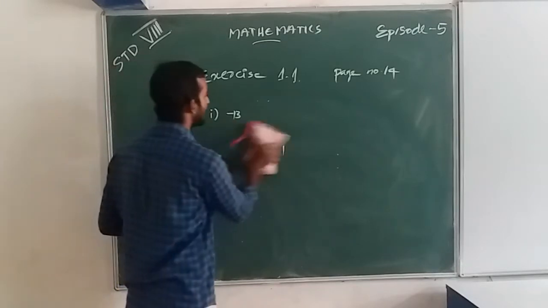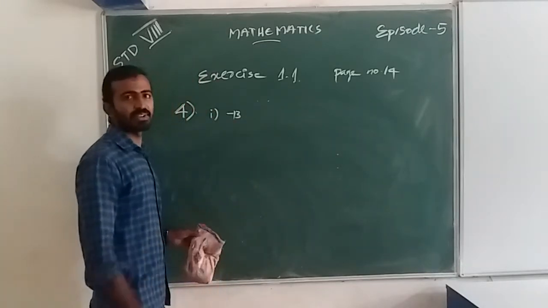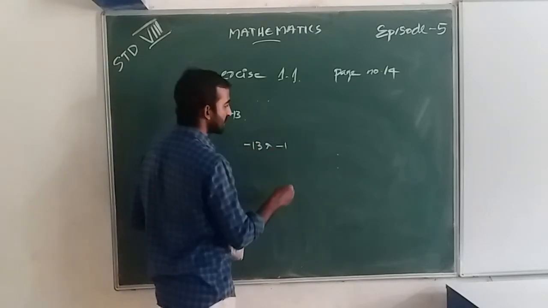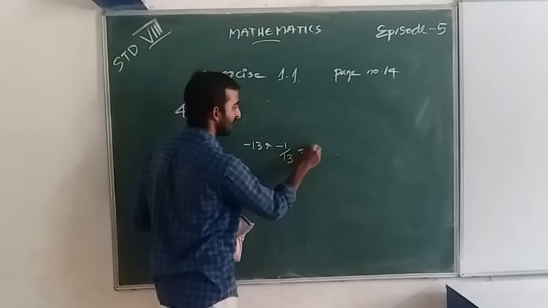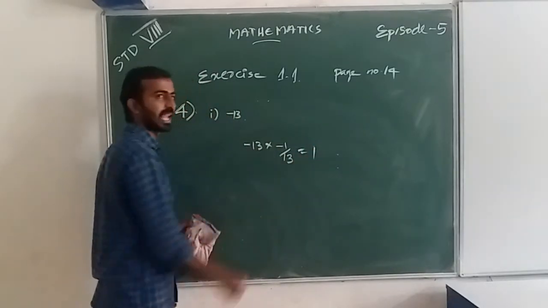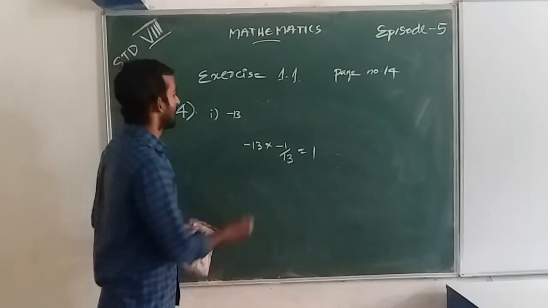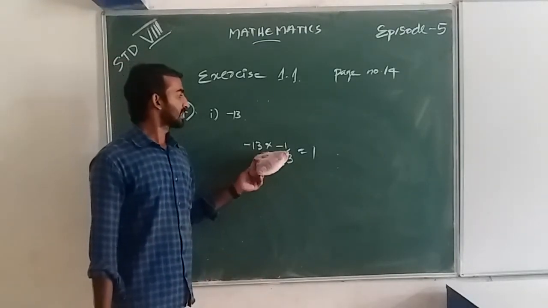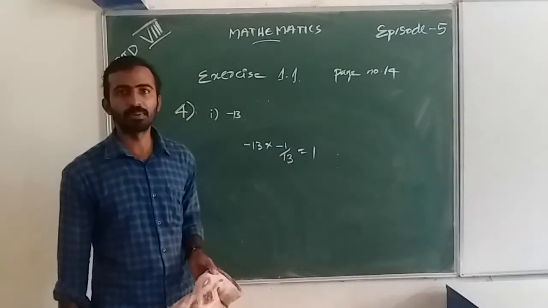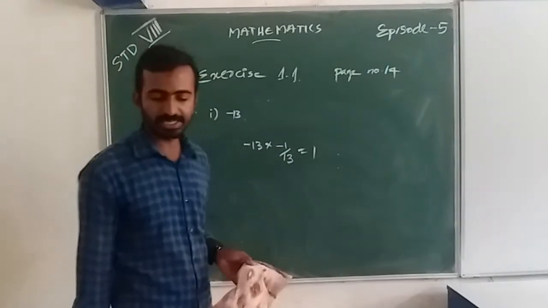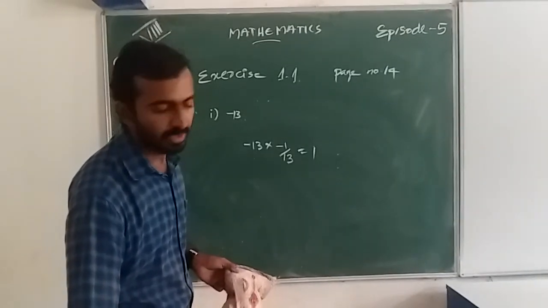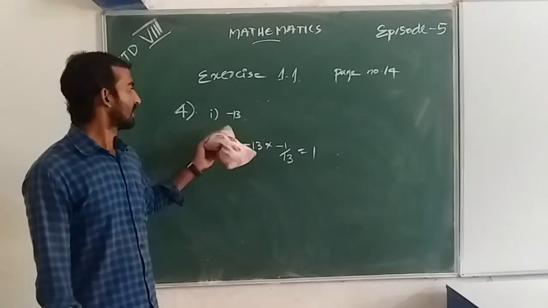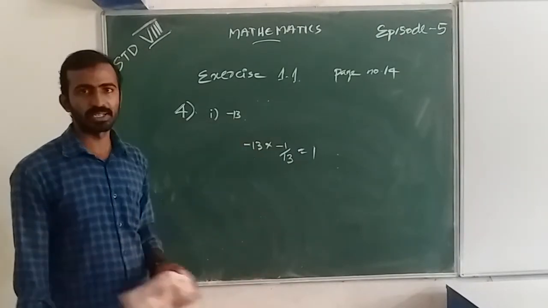Here, what do we get? Minus 13 into minus 1 by 13 gives the answer 1. That is, the multiplicative inverse of minus 13 is negative 1 by 13.